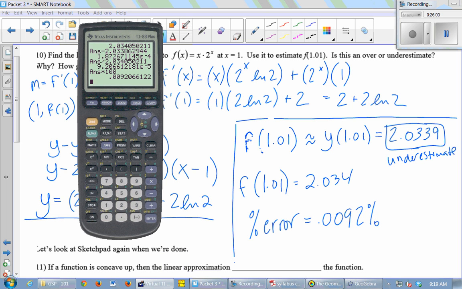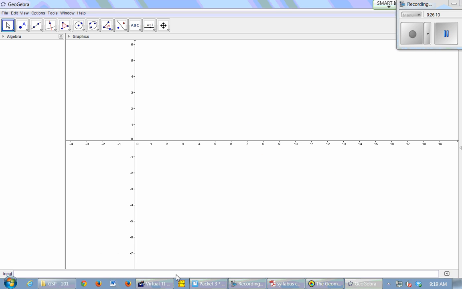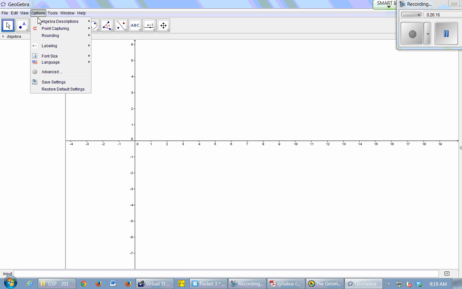So let's take a little look at the graph of f of x and the tangent line at x equals 1. I'm going to use GeoGebra to look at these. Make the fonts bigger.